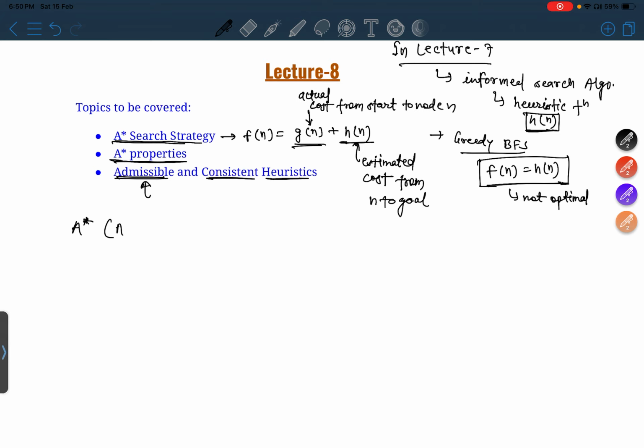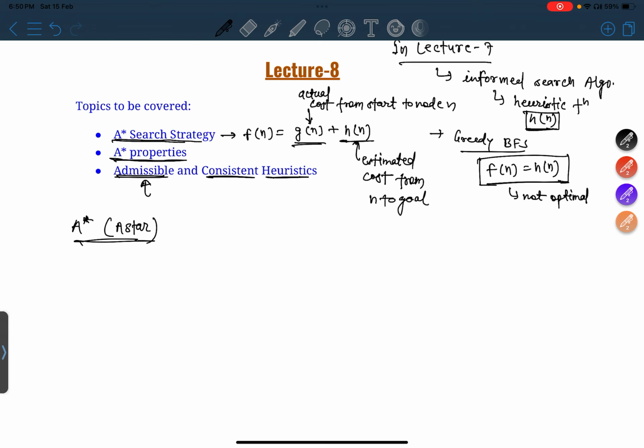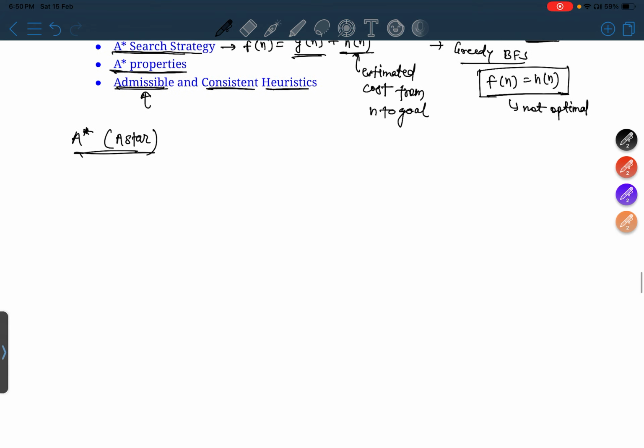A star, or you can also say A*. As we discussed in the last lecture itself, it uses the frontier as a priority queue. This is the third algorithm that we have discussed so far which uses the frontier priority queue again.